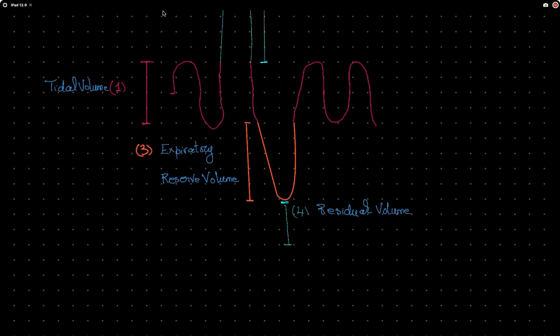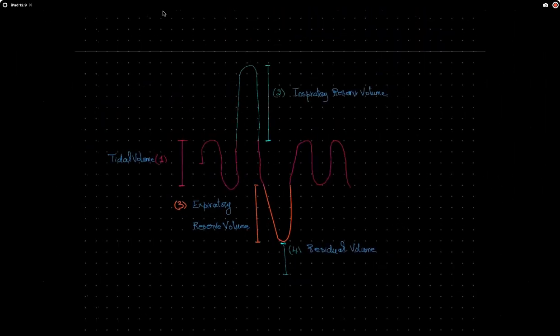We use those different volumes to build the different lung capacities. The first capacity that we're looking at is the maximal capacity that can be held in your lungs.